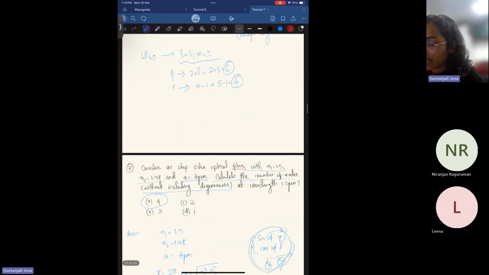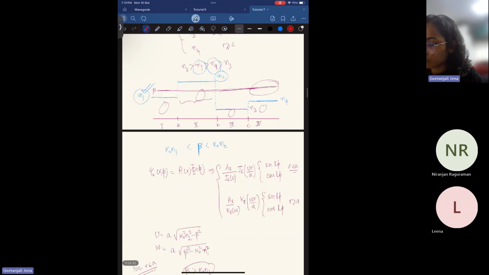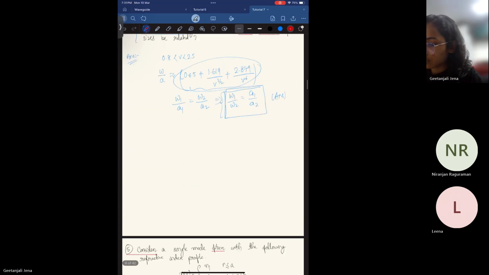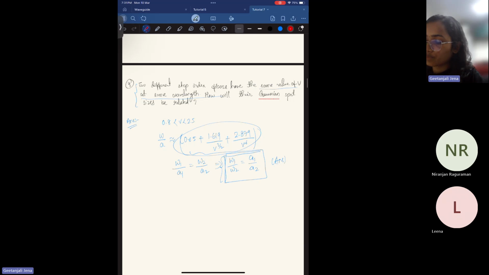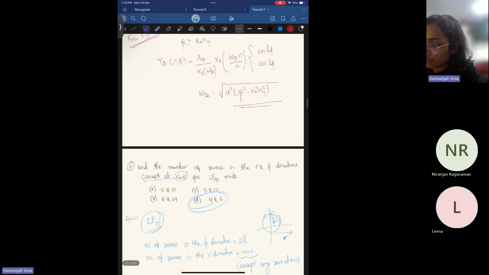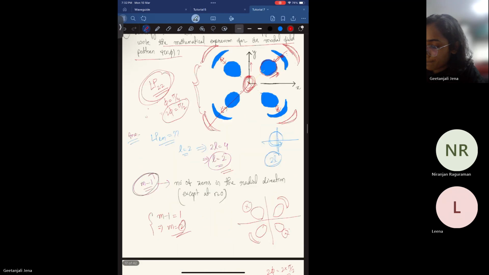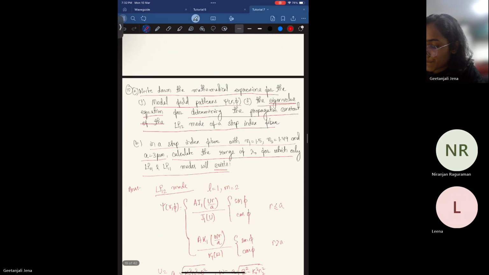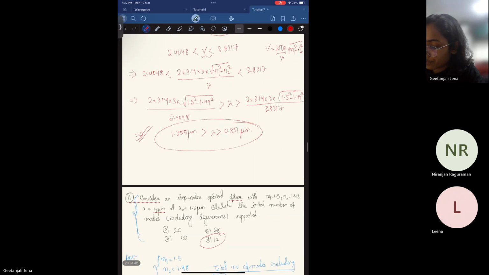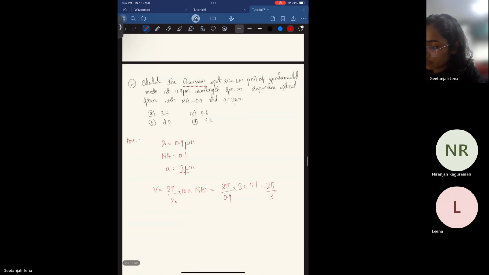This is only valid when V lies between 0.85 to 2 point something, I think 2.5. So we can use this formula for this case.